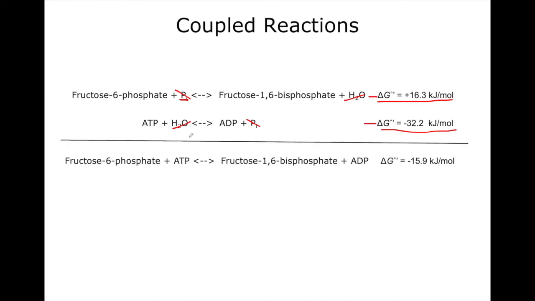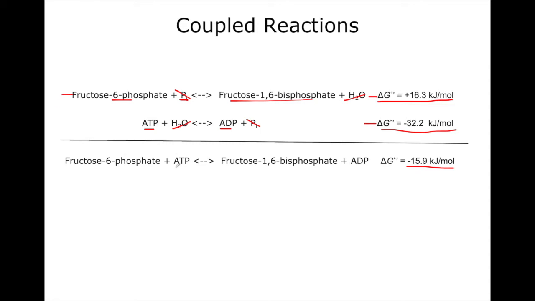So adding these two together, we get fructose 6-phosphate plus ATP yields fructose 1,6-bisphosphate plus ADP, and the delta G value under these standard conditions is the sum of these, and as you can see, it is very exergonic.